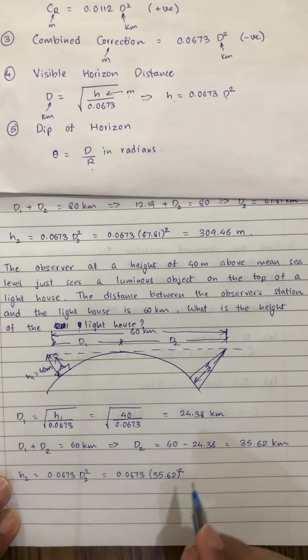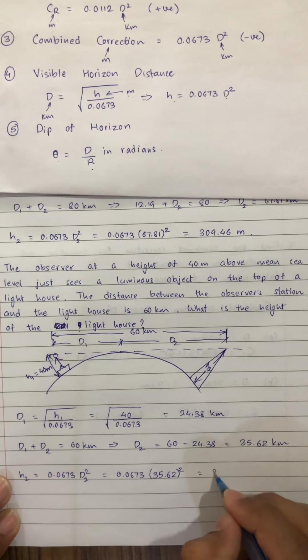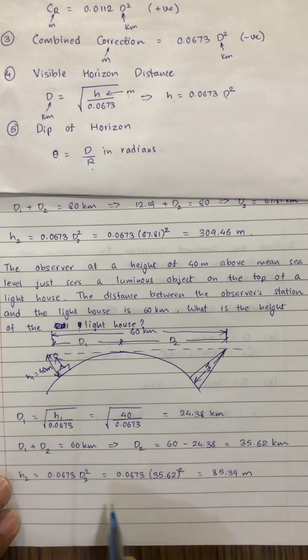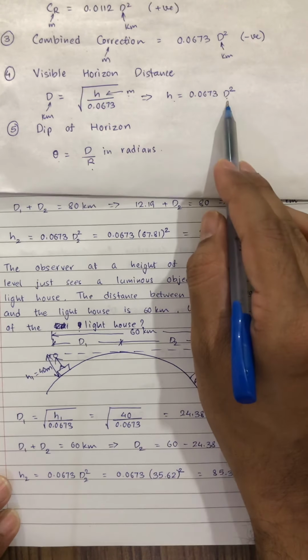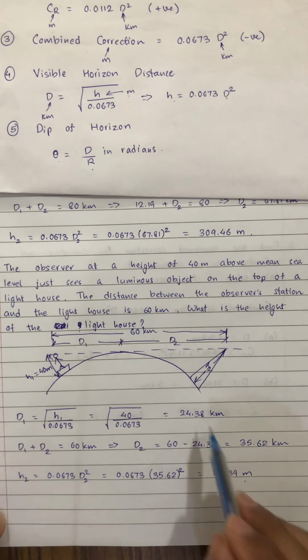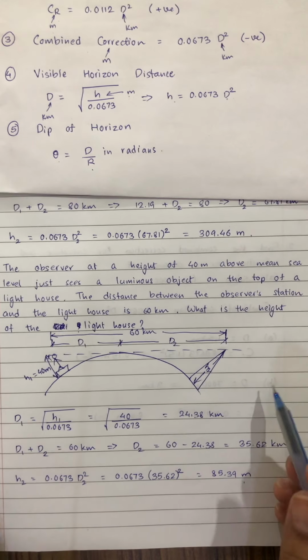This value of H2 comes out to 85.39 meters. As D2 is in kilometers, H will be in meters. That is the height of the lighthouse.